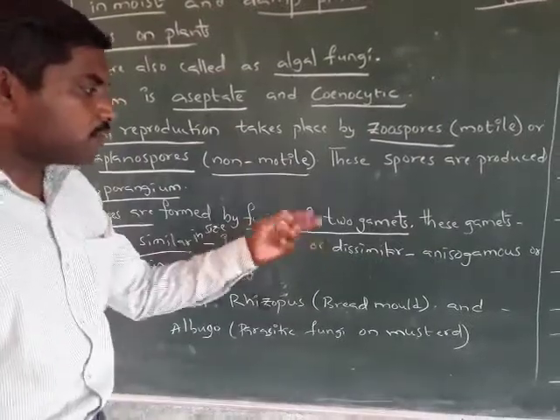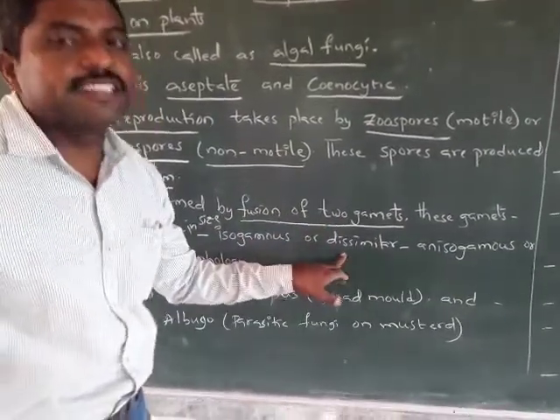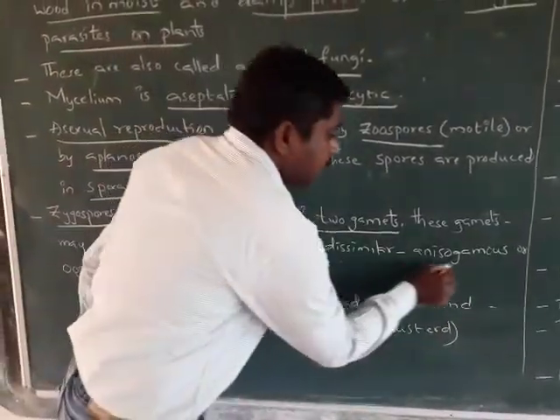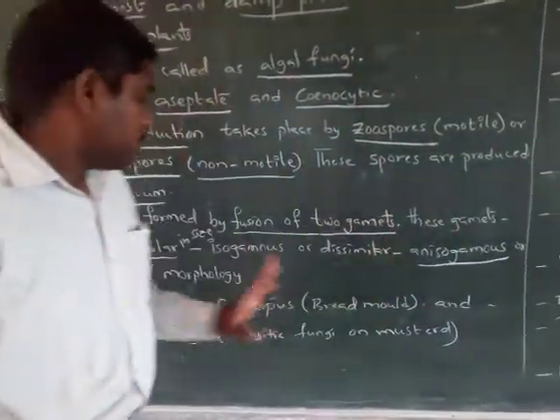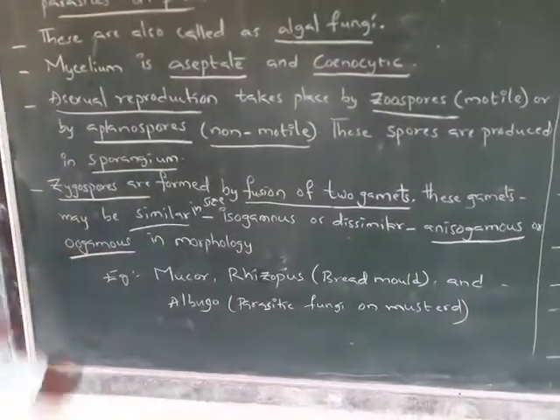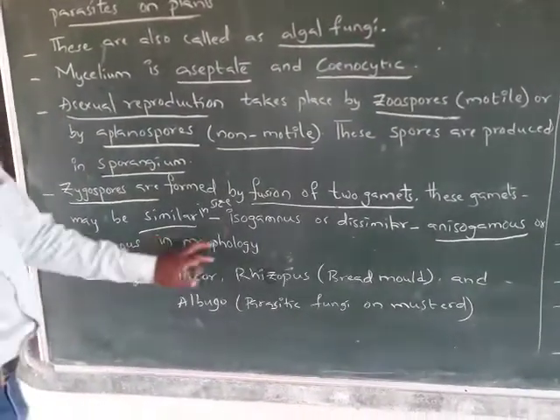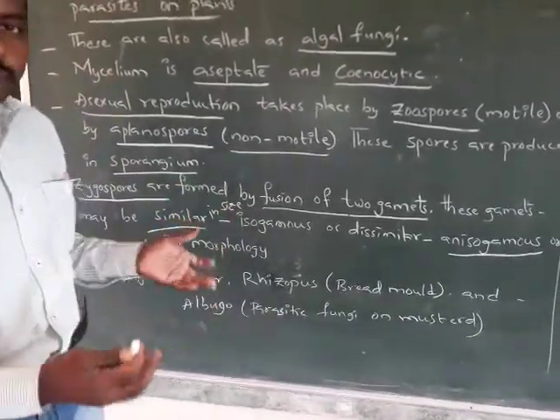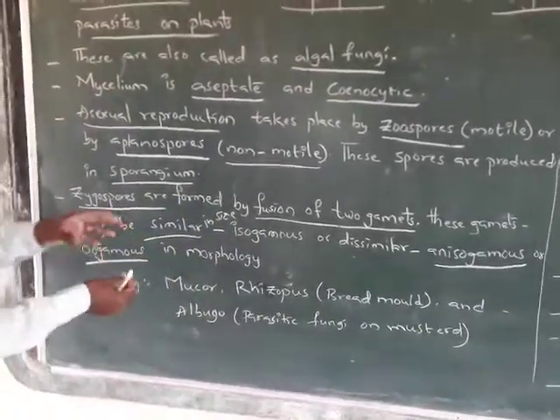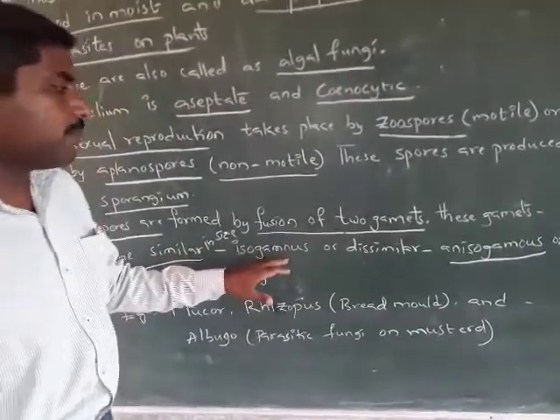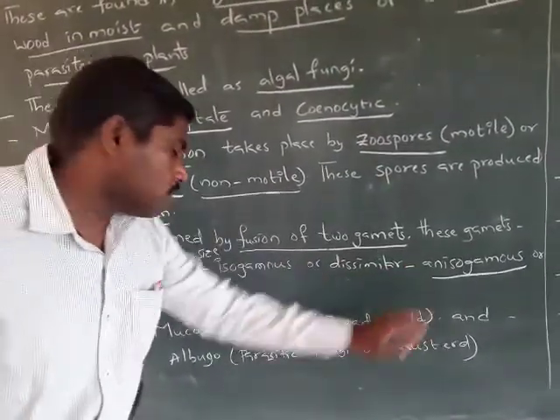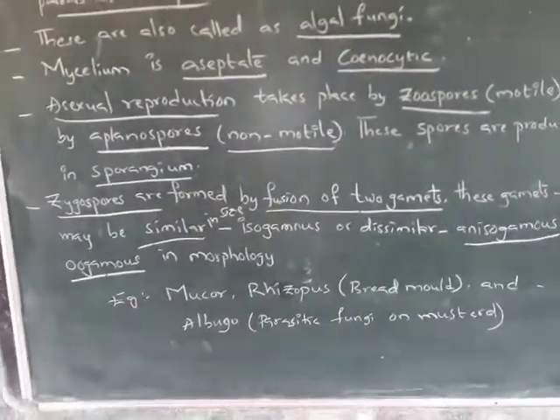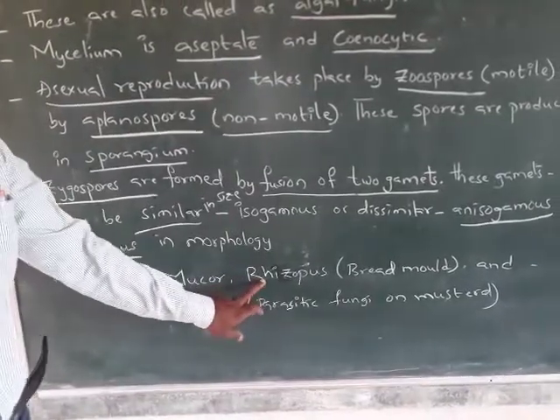The fusion of two gametes may be dissimilar in size, which is called anisogamous, or oogamous. Based on morphology, which means their size, similar is called isogamous and dissimilar is anisogamous or oogamous. Examples are Mucor and Rhizopus.